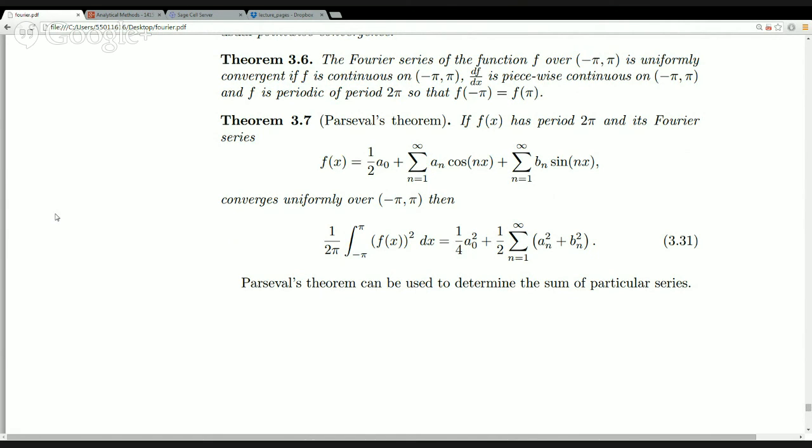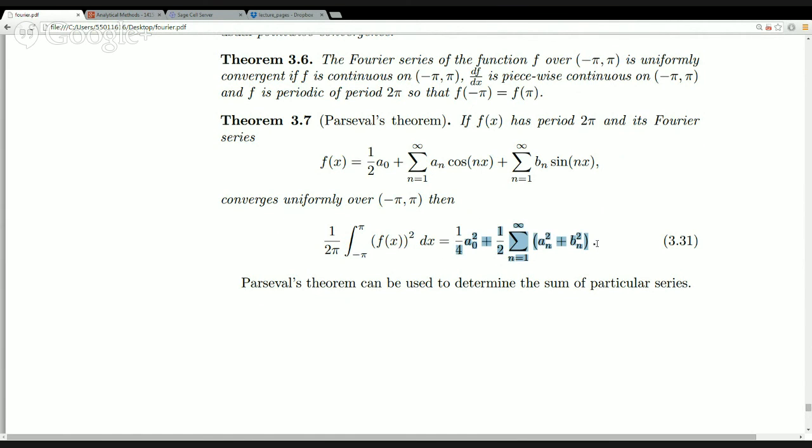So it's really just an example of an application of this uniformly convergent condition. This term on the left, the integral of the square of the function, when you think about the inner product used on functions here, that term on the left is like a square of a magnitude type measure on a vector.